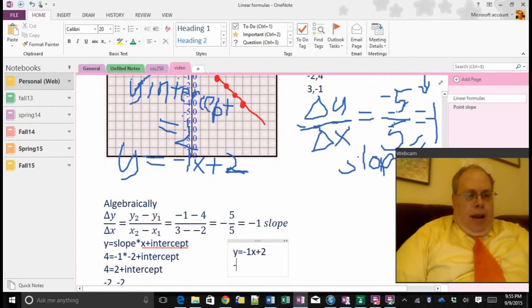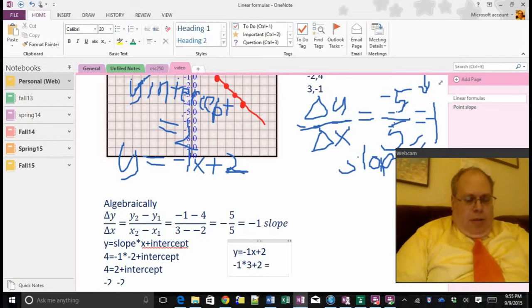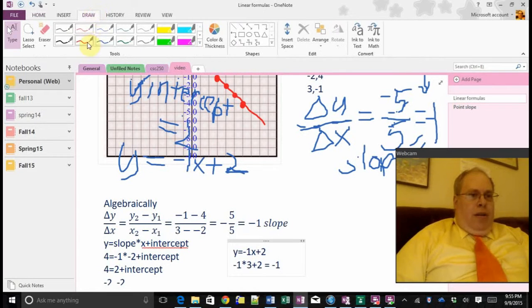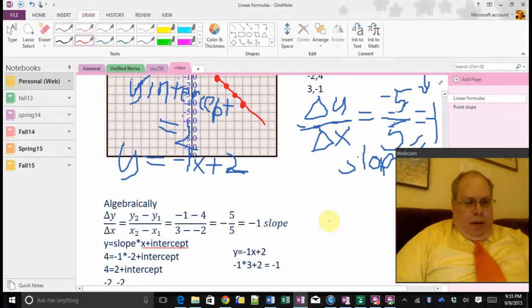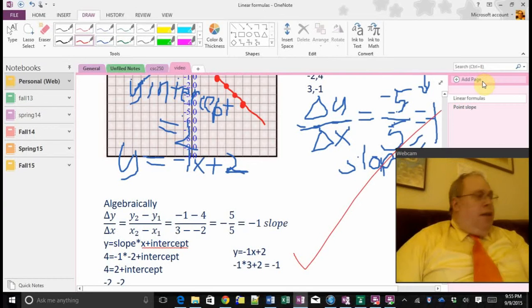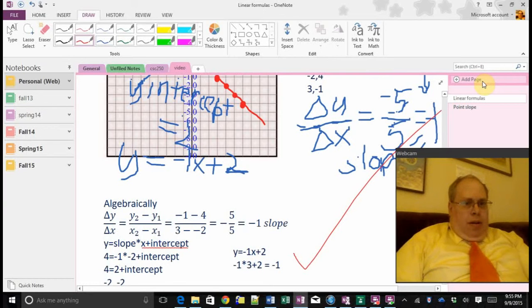So I'm going to do -1 times 3 plus 2. And that is going to equal -1. Exactly what should have happened. So we can happily be clear, it checked. So that shows you how to do the same problem that we did graphically, algebraically.